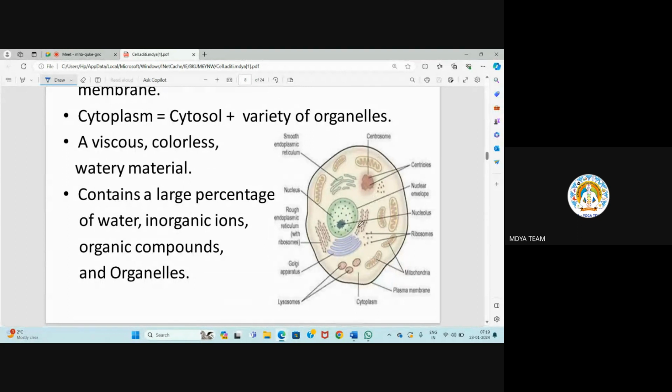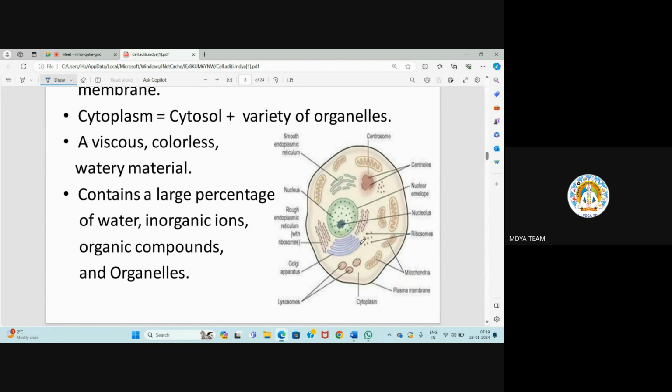This is rough endoplasmic reticulum. These are ribosomes and these are lysosomes. So these are all organelles inside the cell.